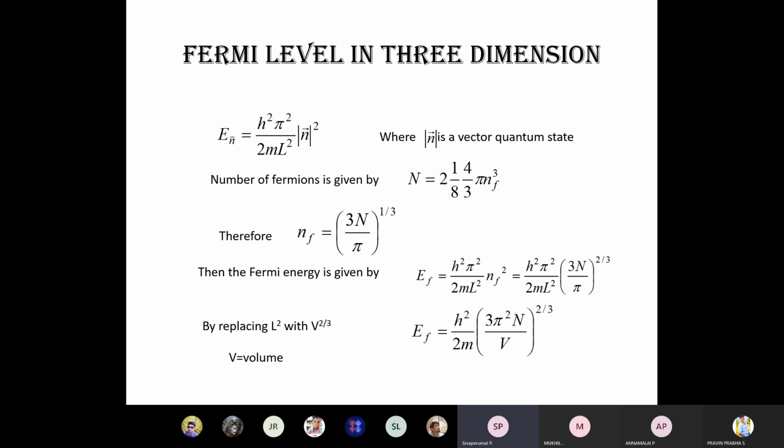This is the Fermi level. To find nF, the equation should be like 3n by pi, to the power of 1 by 3. It is just the reverse of this equation, so we rearrange the equation.